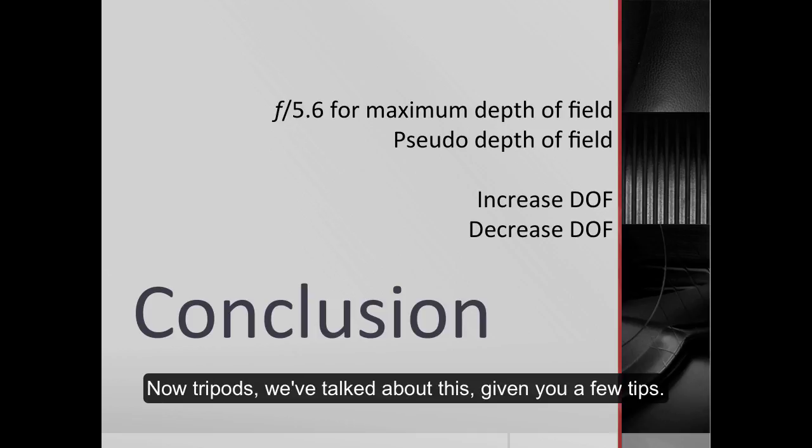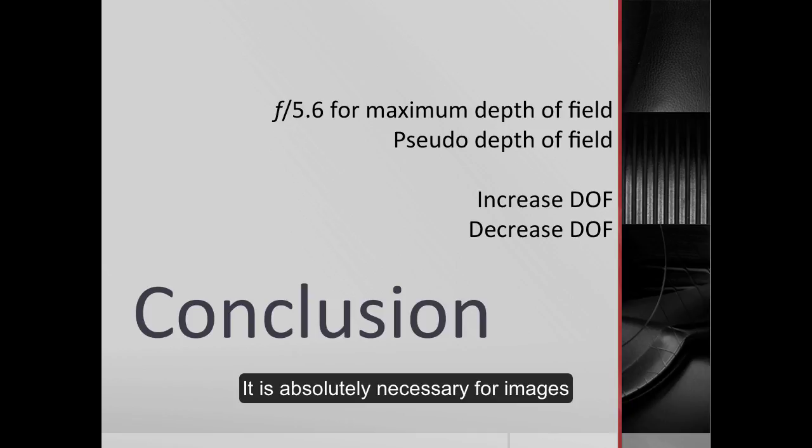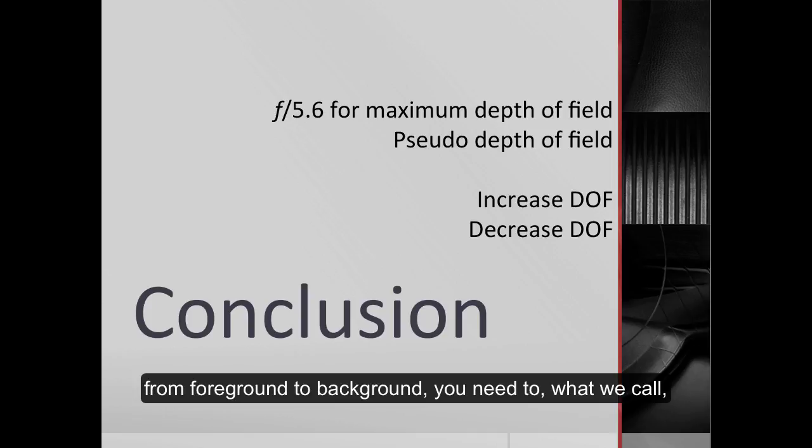Now, tripods. We've talked about this, giving you a few tips. It is absolutely necessary for images where you need increased depth of field. So to render a scene with great detail in focus from foreground to background, you need to what we call stop down the lens and use a smaller aperture.